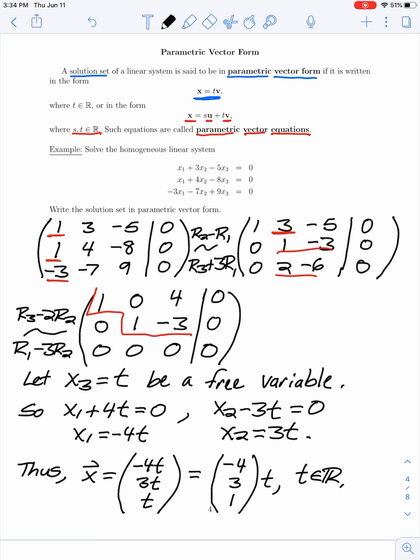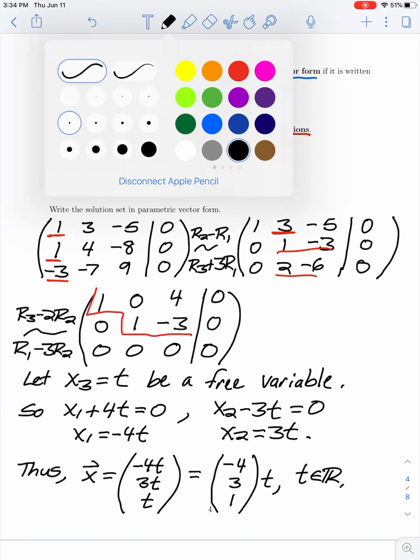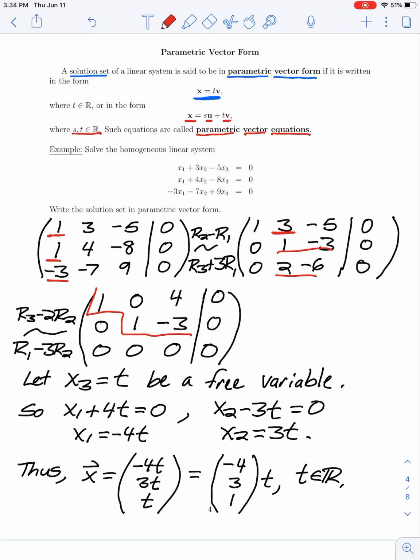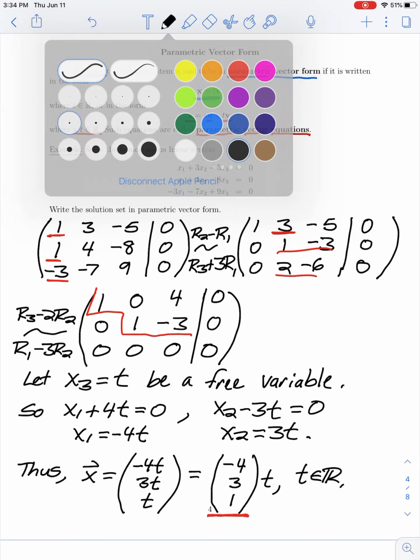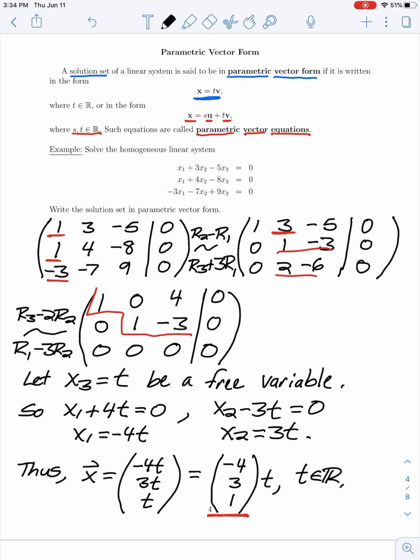All right. So again, geometrically, this solution set represents a line passing through the origin and in the direction of this vector, negative 4, 3, 1. So if we wanted to try visualizing this, let's do a little scratch work to the side here.